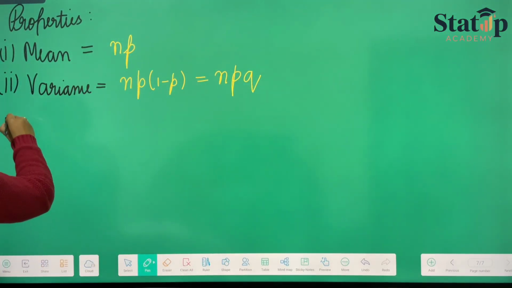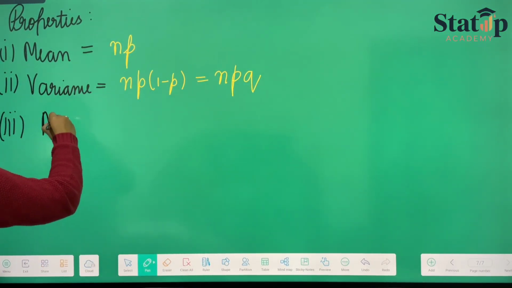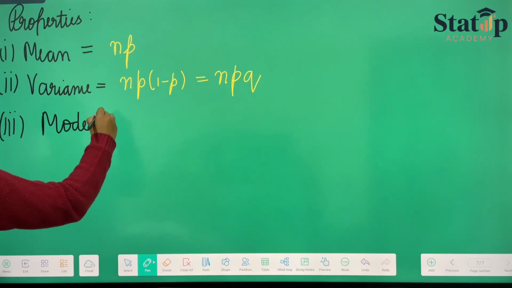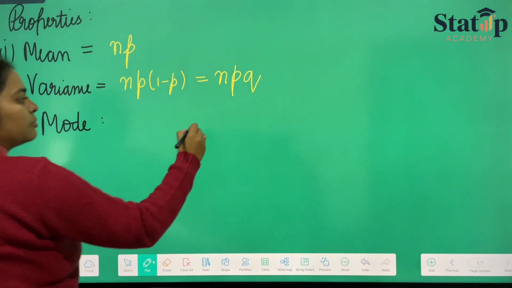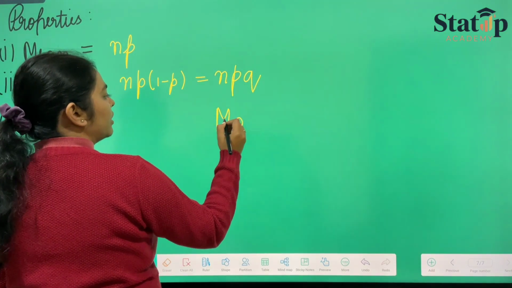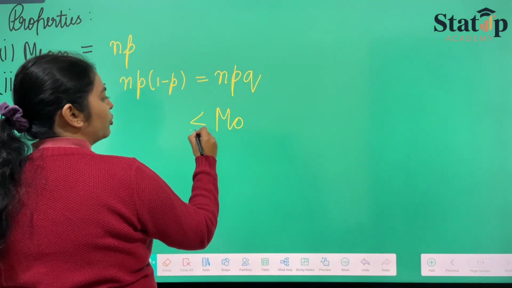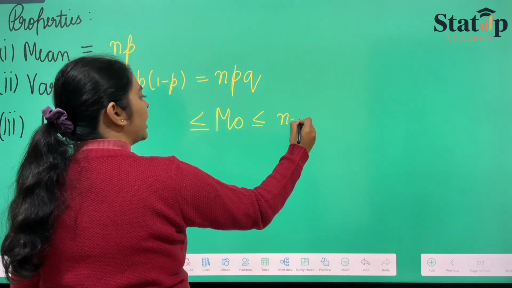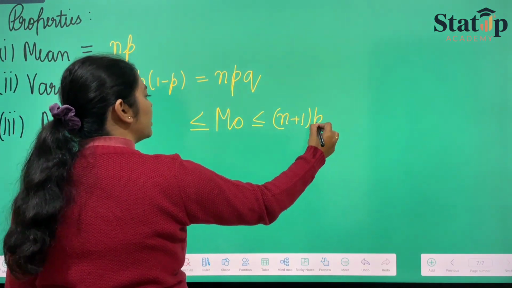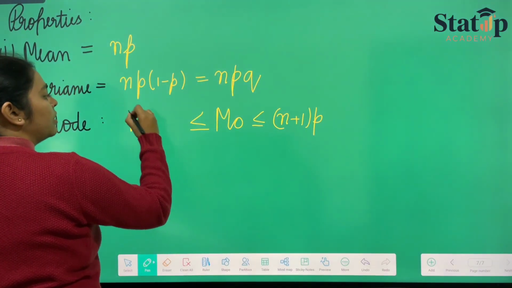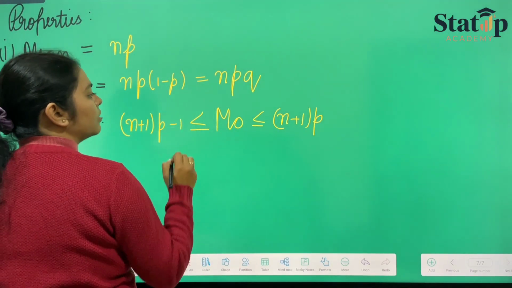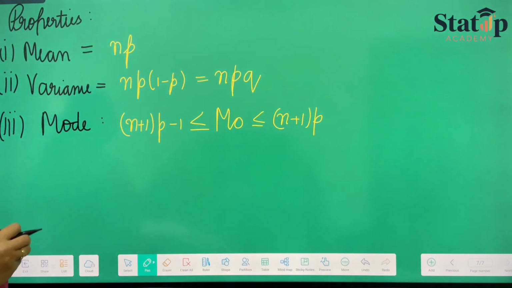If we talk about the mode of binomial distribution, the mode lies between two values. If we represent Mo as mode, it lies between (n plus 1) into p and (n plus 1) into p minus 1. The mode lies between these two values.